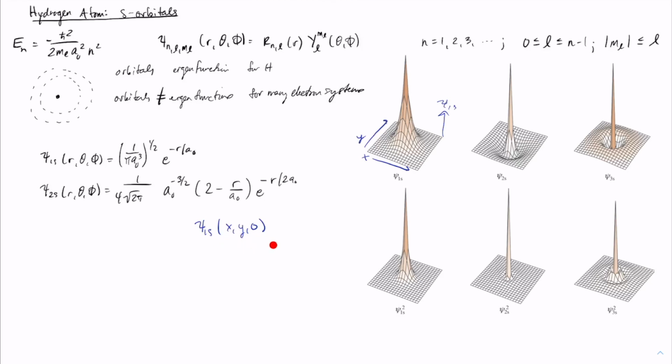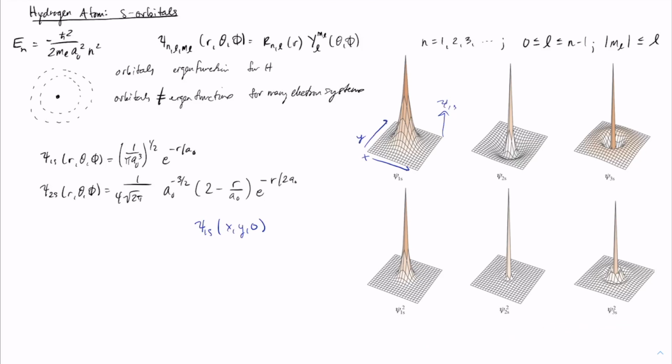This is effective for the s functions because there's no angular dependence. No matter which slice you took, whether you looked in the xy plane or the xz plane or the yz plane or any other weird combination thereof, you'd see the same exact thing.